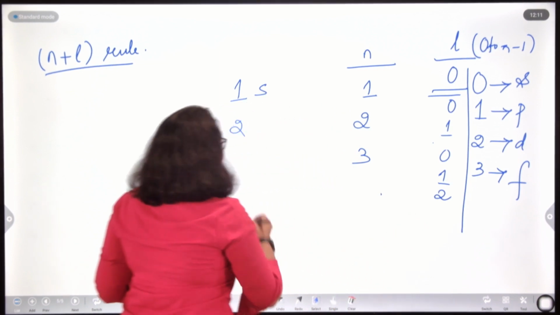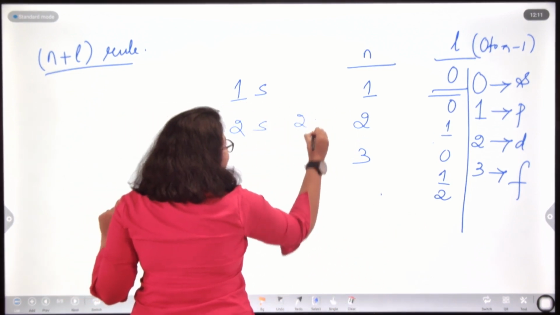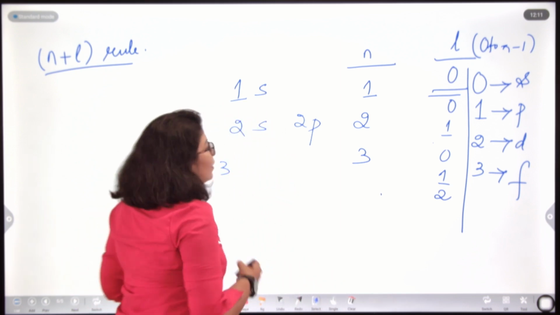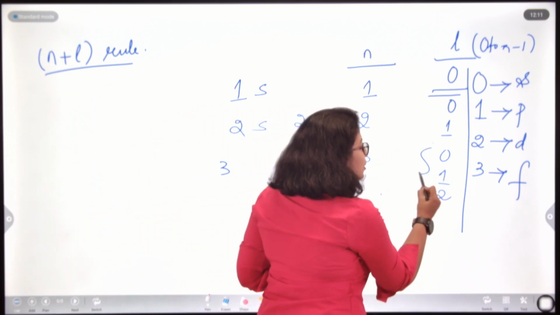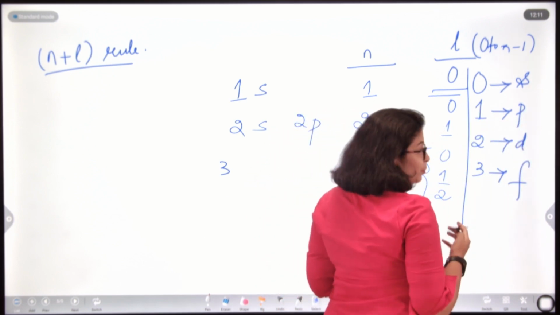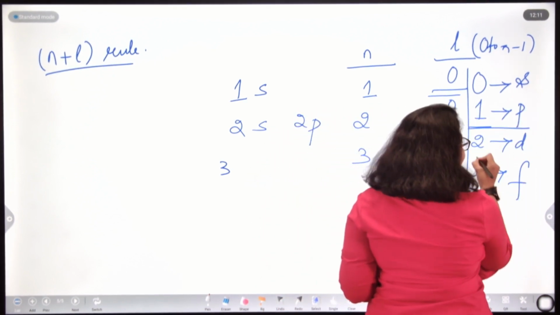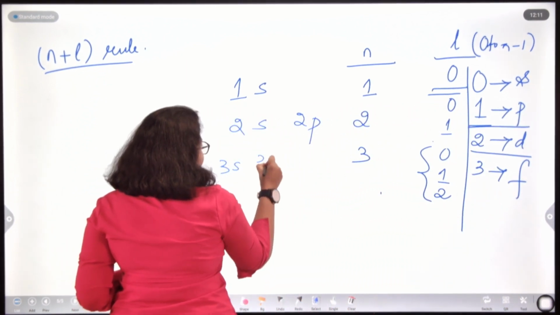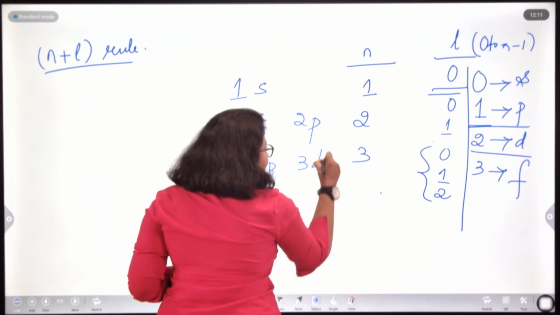So for 2 we get 2s and 2p. For the third orbit, we get three possible values, 0, 1, 2. 0 signifies s subshell, 1 signifies p, and 2 signifies d. So we get 3s, 3p and 3d.